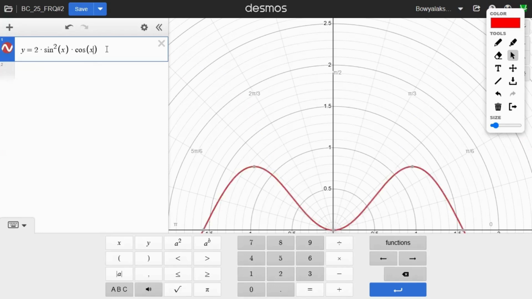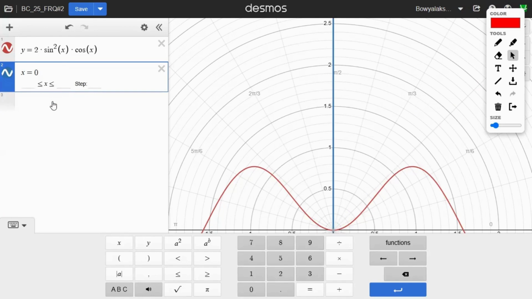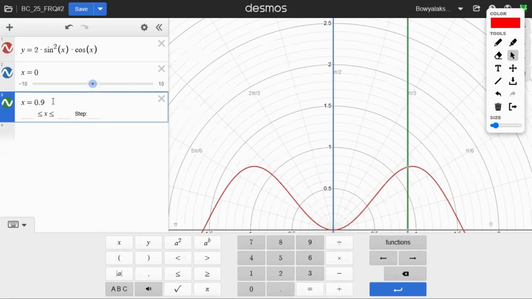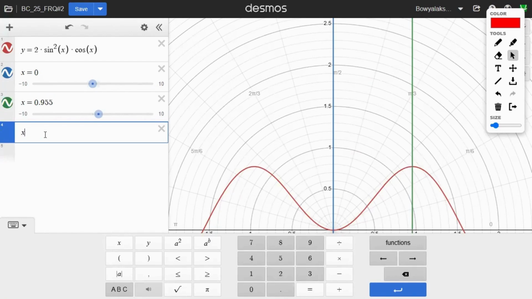Okay, and I need to test the values at 0, then 0.955 approximately, and the ending point x is equal to pi by 2.